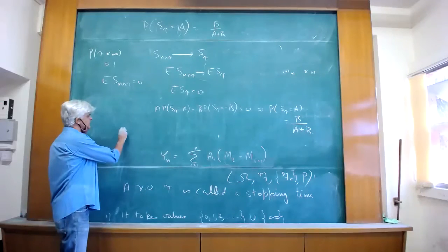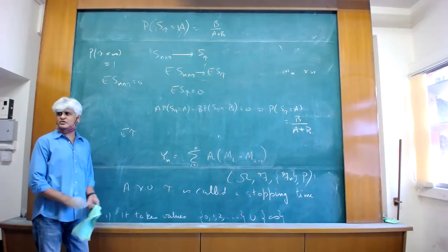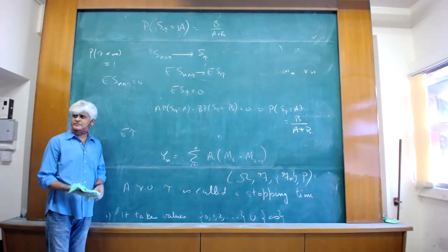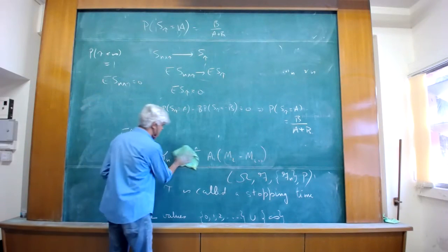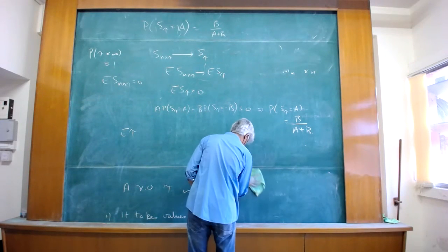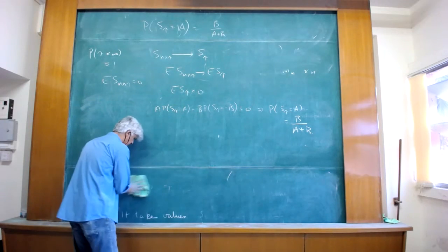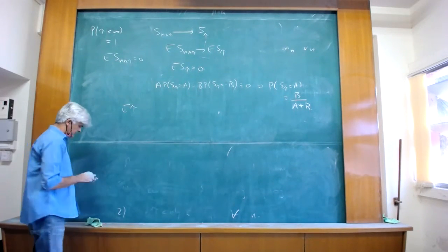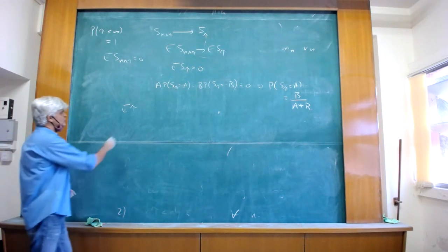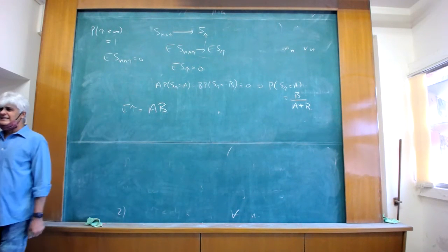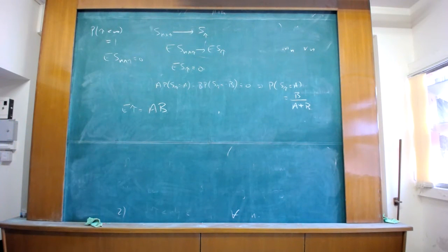Now suppose I want to find the expected value of this tau. Remember we discussed this also in Brownian motion. Do you remember what we said this was equal to? We had said that this was equal to, interestingly, A times B. I remember thinking about this, I didn't have a clear intuitive argument as to why to expect this.